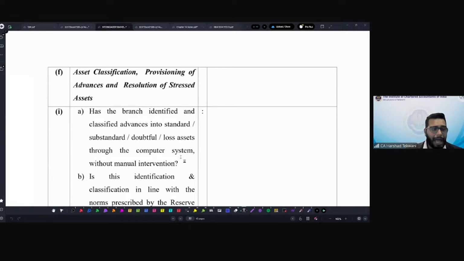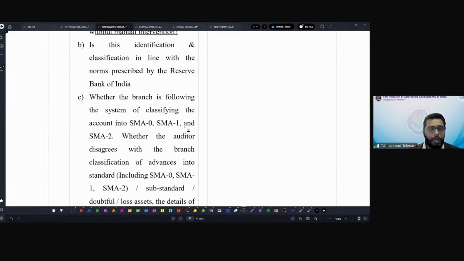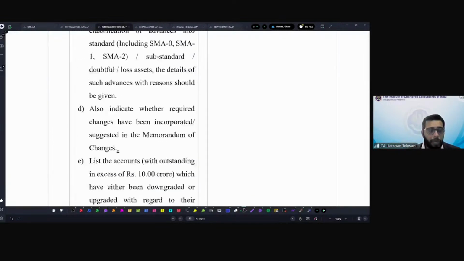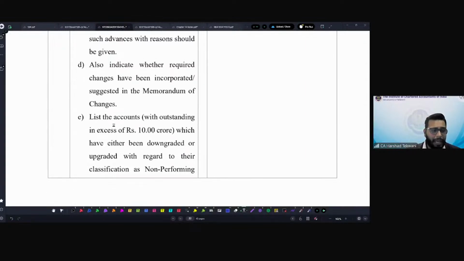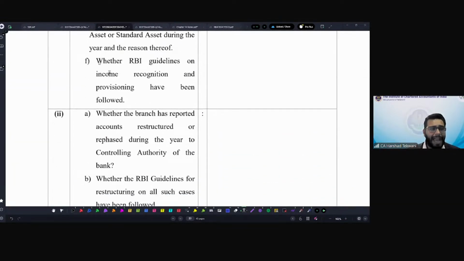As a branch auditor, I have to report whether the branch has identified and classified advances into these categories through the computer system or through manual intervention, and whether the SMA 0, 1, and 2 classification is followed. Then, with the list of accounts of large advances, whether the RBI guidelines on income recognition and provisioning have been followed. I can only comment when I am aware at what rate I am required to make provision.